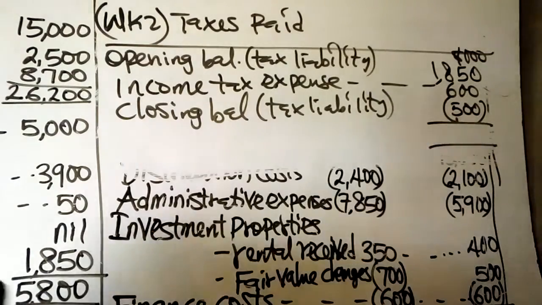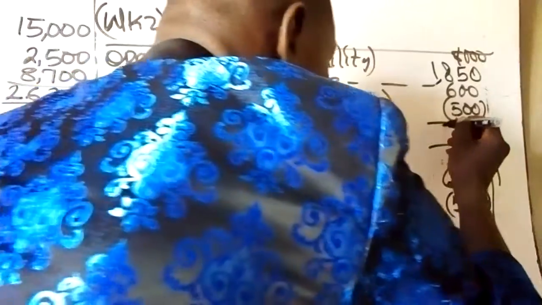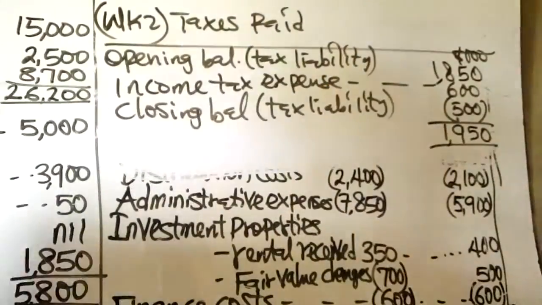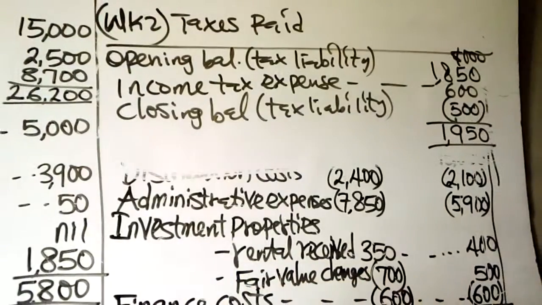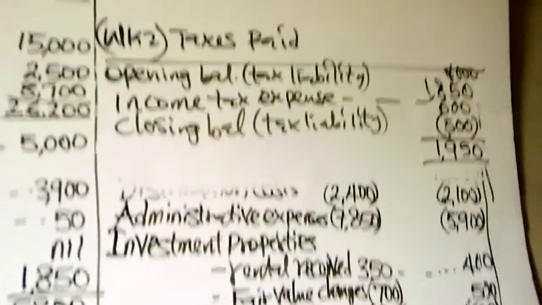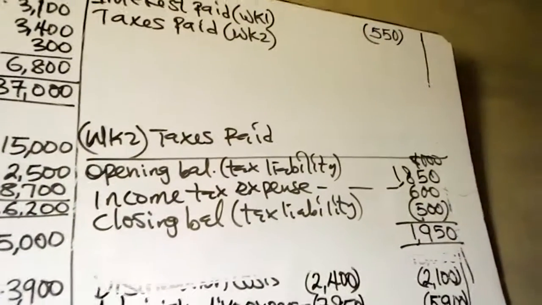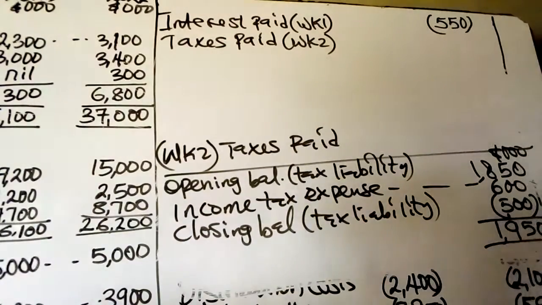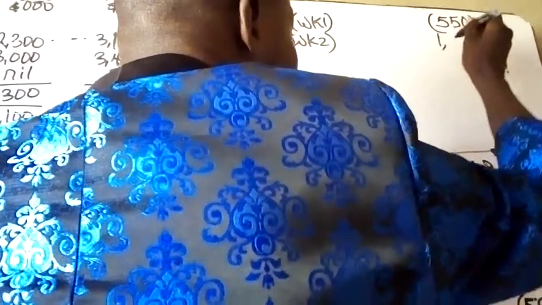Then you have 1,950. So that is tax paid. Then you include that under operating activities. So tax paid is 1,950.